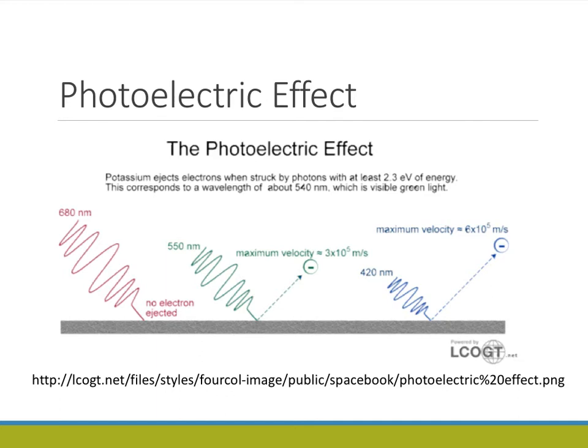But for green light, let's say 530 nanometers, we can eject an electron because it is greater energy than the minimum energy needed to pull the electron off, and some of that extra energy goes to speeding up the electron. If we use blue light at 420 nanometers, which is much more energetic than the minimum of 540 nanometers, the extra energy goes into the movement of the electron.